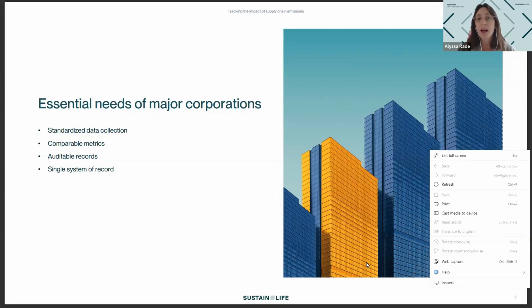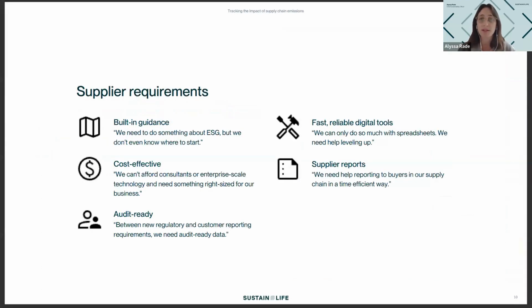Okay, and then let's go to the supplier need, right? We wanted to talk about both sides of this coin. And that's really a lot of where Sustain.Life really resonates. We have a lot of customers that come to us because they're getting these customer requests. They need to report to CDP, they need to report into specific benchmarking requirements for very large companies. And these companies are often mid-sized companies, sometimes thousands of employees, sometimes just a couple hundred employees.